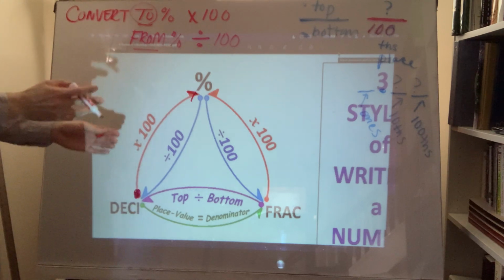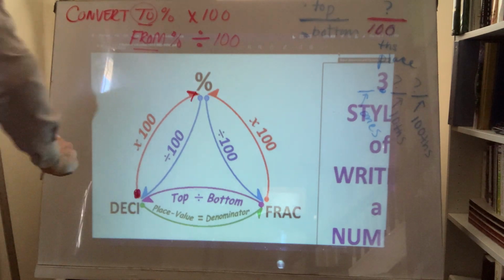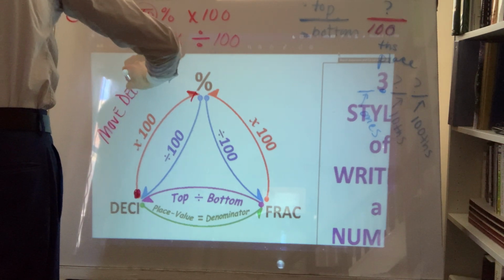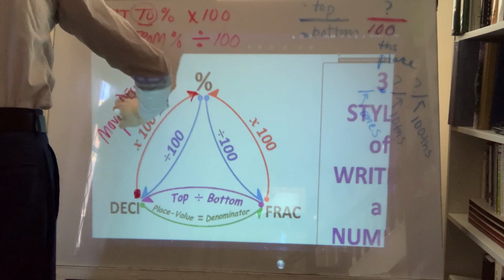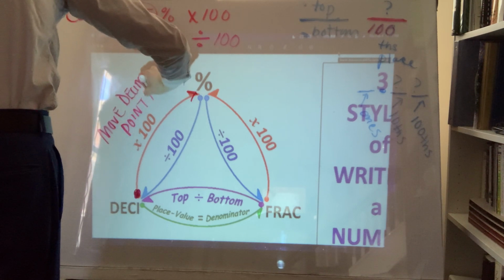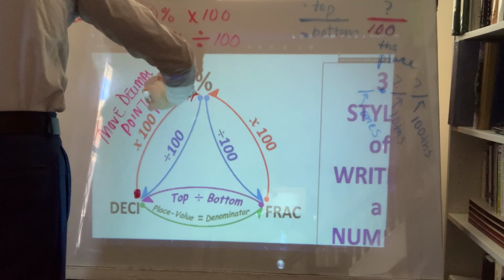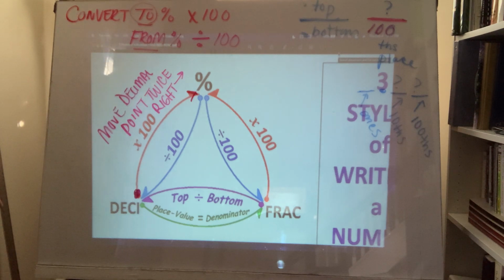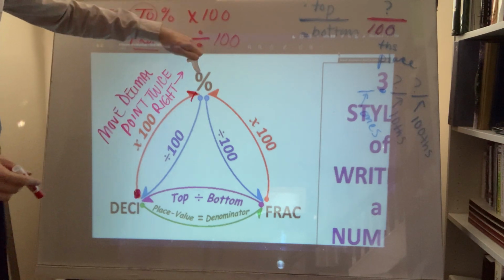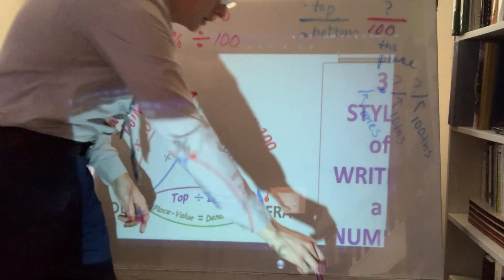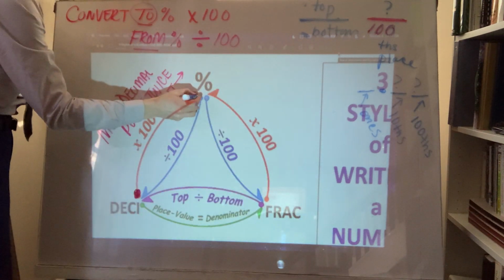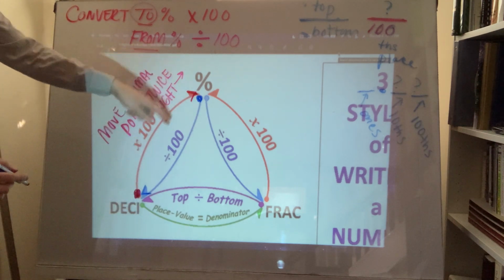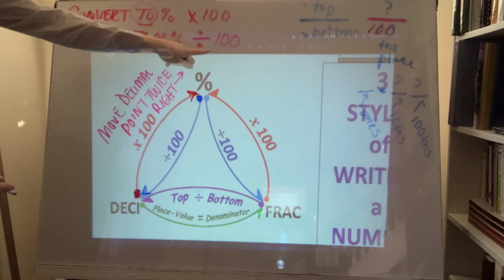Now, when we're talking about a decimal, the effect there is that you would basically move the decimal point twice to the right, that way. If, on the other hand, you're starting with a percent and you're going back to a decimal, you would be dividing by 100.